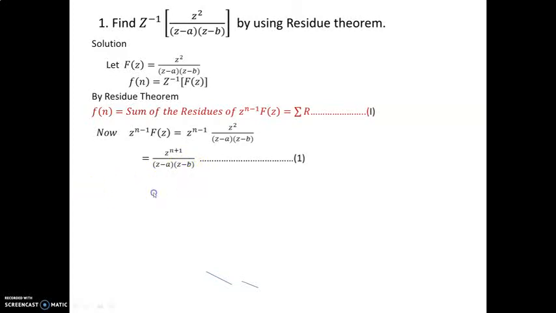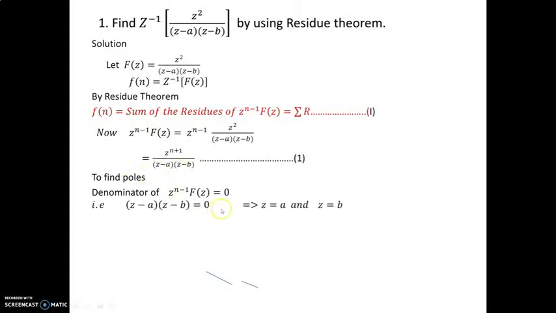To find the poles, we equate the denominator of z power n minus 1 F of z to 0. The denominator term is z minus a into z minus b equal to 0. We get the values of z as a and b. The poles of z power n minus 1 F of z are z equal to a and z equal to b. Both values are simple poles.